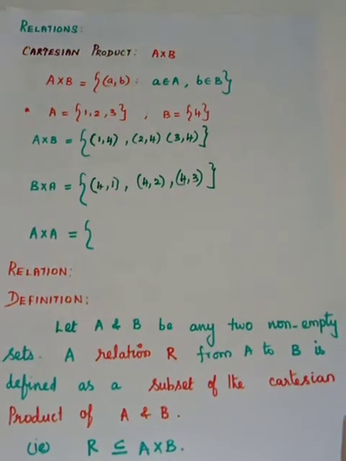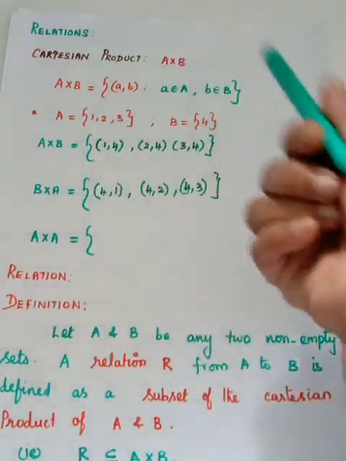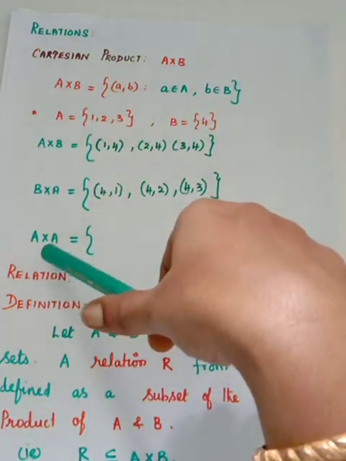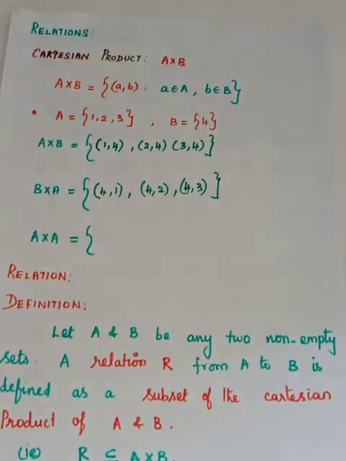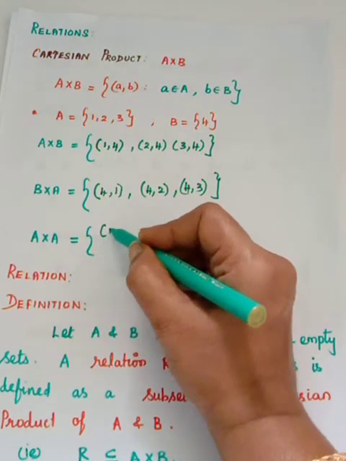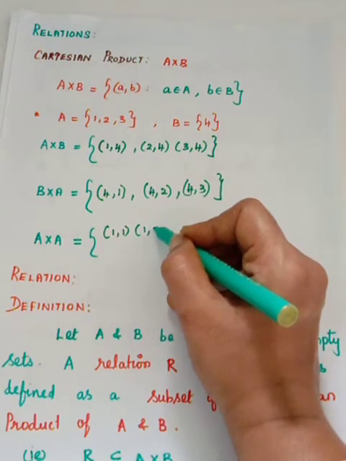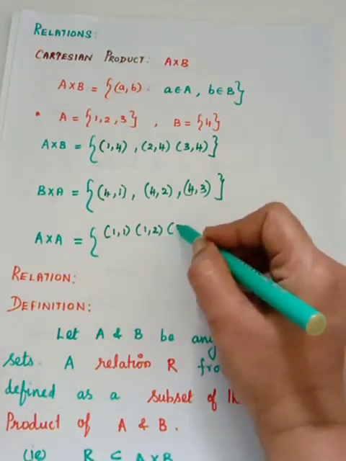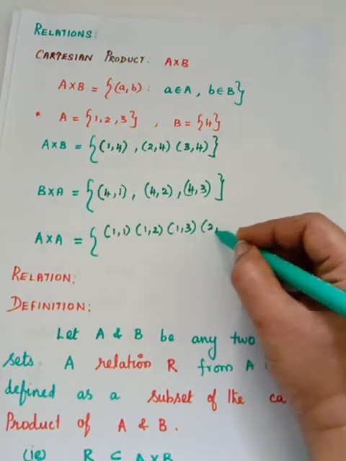Next, I am going to write A cross A. So A is 1, 2, 3 and we are going to take the Cartesian product of A with itself. So how does it have to come? We are not going to consider B. So first 1 comma 1 we can write. Next you can go for 1 comma 2. Next we can go for 1 comma 3, isn't it? In the same way we can go for 2 comma 1.